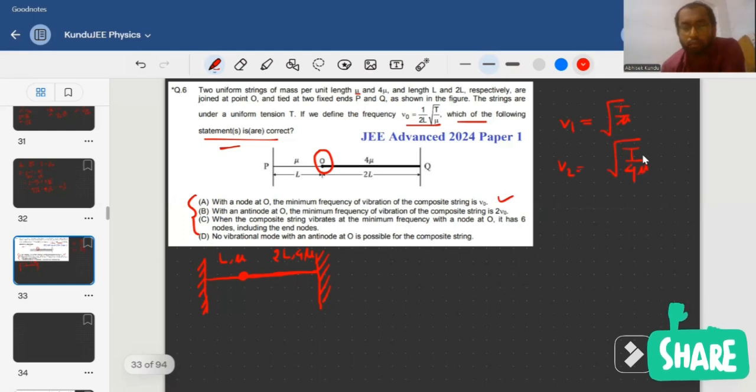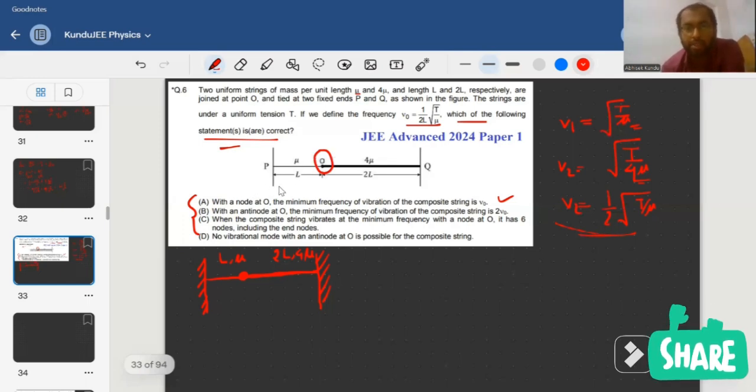The tension in both the strings is the same, but as the mass per unit length is varying, the velocity will be different. So here V2 is 1 by 2 root over of T by mu. We can see that the velocity in the heaviest string is less compared to the velocity in the lightest string.